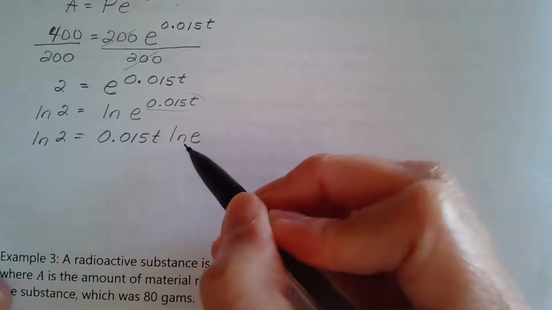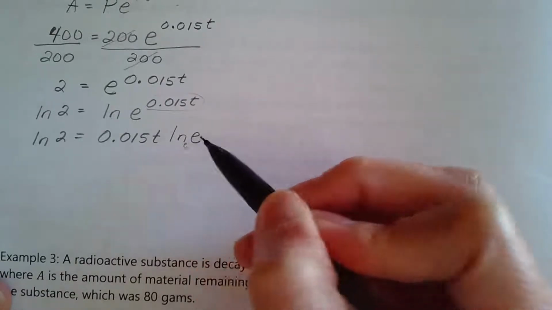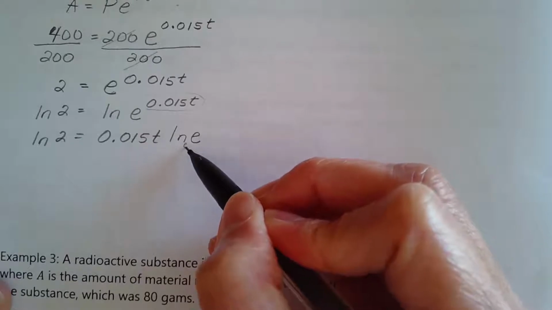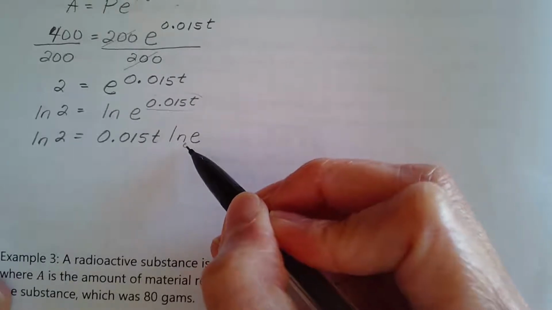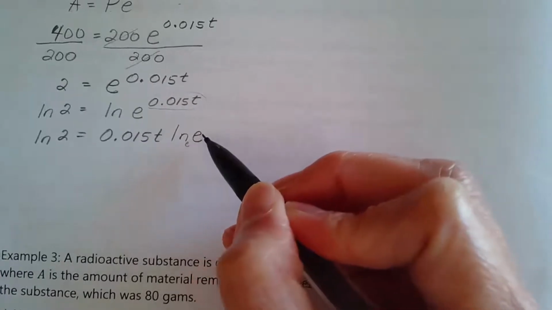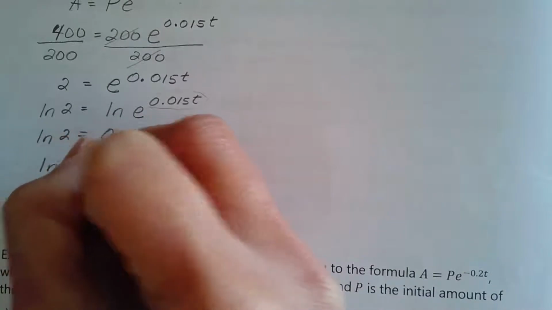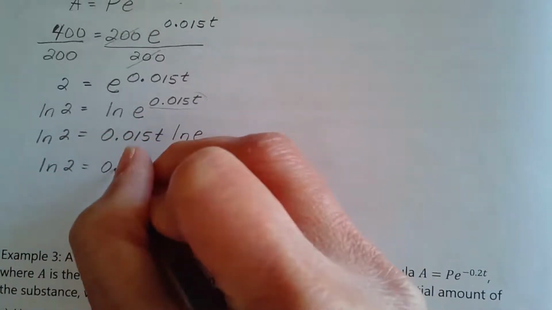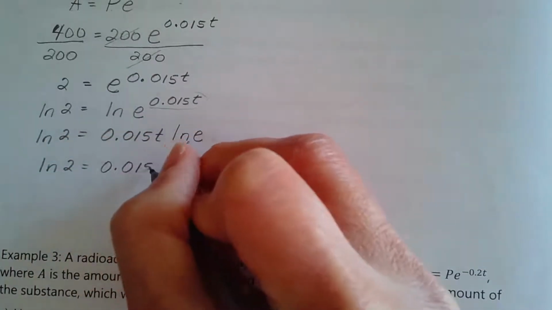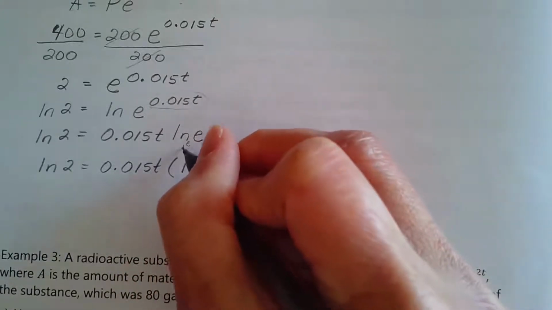When you look at natural log of e, this is the base e. It's asking us what exponent I need to apply to e to get e, which is basically 1. That's a great thing to simplify. Just going to write down times 1, and that's the answer for that.